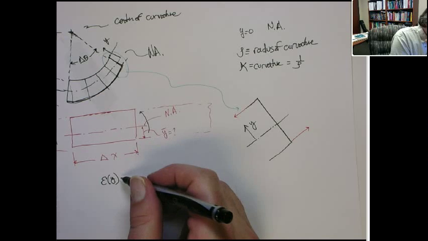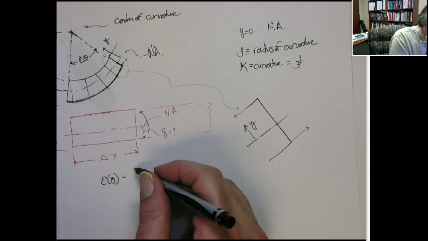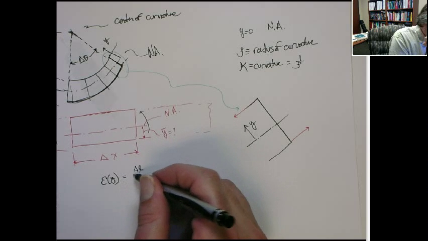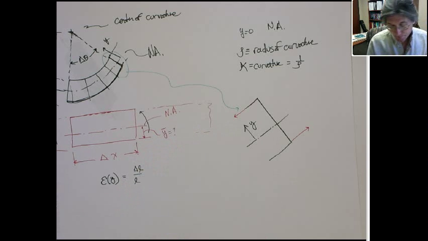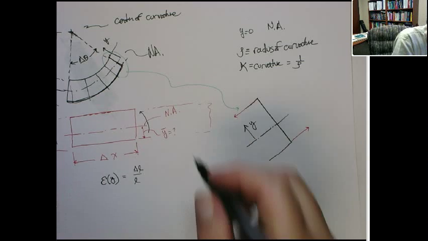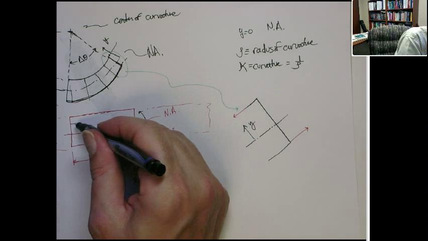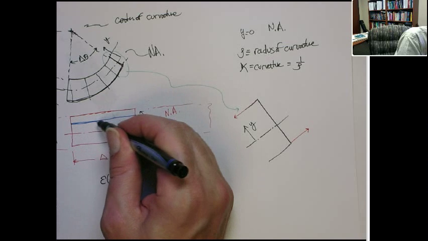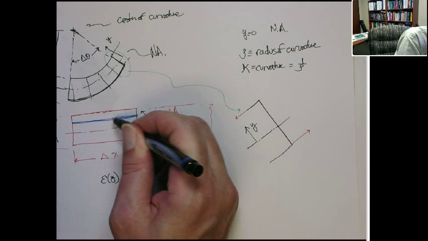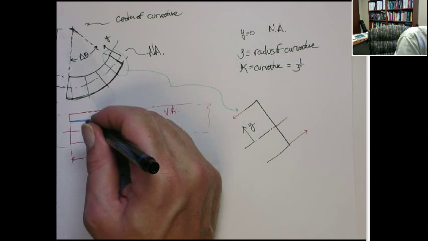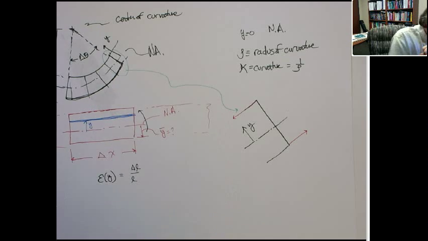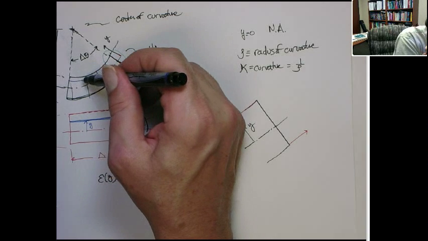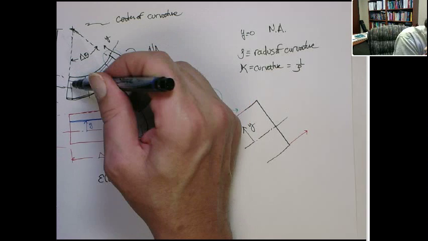So if you think of the strain, it is going to be the change in length, the normal strain, over the original. So if you look at some position, y, consider a fiber here. Okay? This is at some position, arbitrary position y. And that deforms, it's going to go like this.